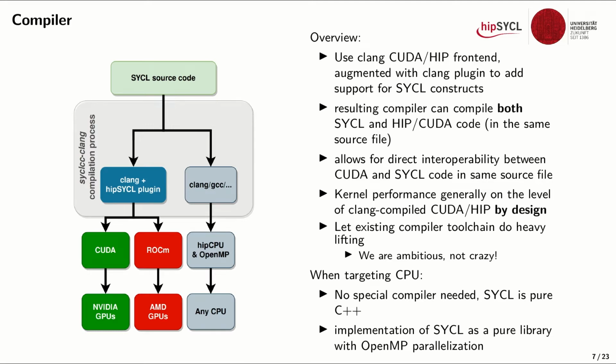Otherwise, your favorite C++ compiler will be used, so clang or GCC or the Intel compiler, whatever you like, to compile your kernels for CPU. When compiling for CPU, there's another library that will be used, which is hipCPU. This is a library we have developed that implements the hip API for CPUs.